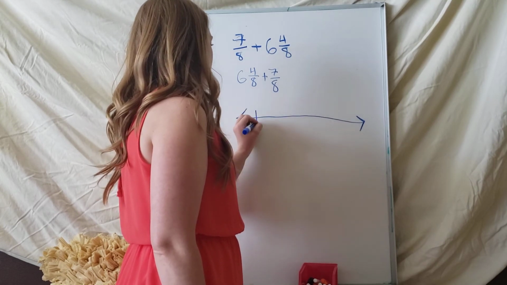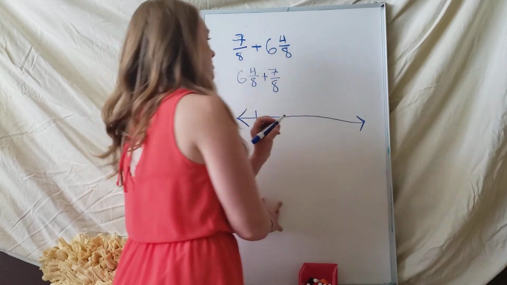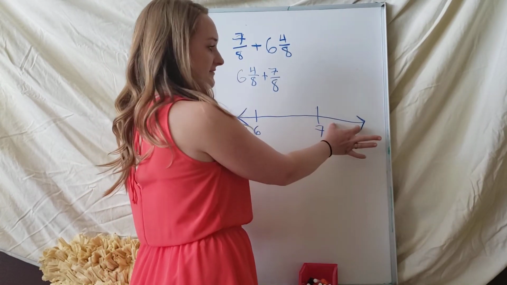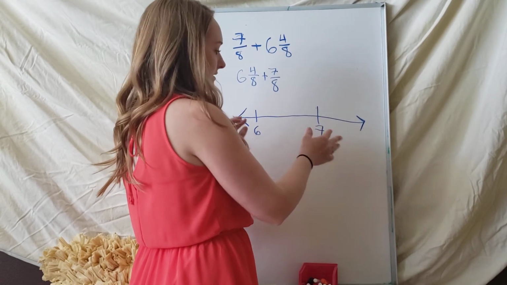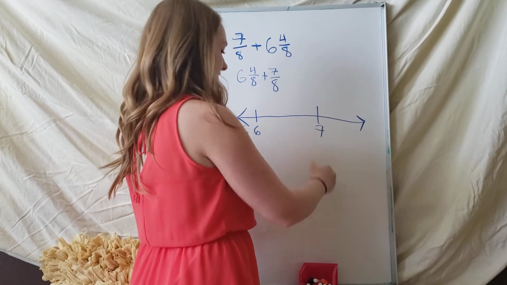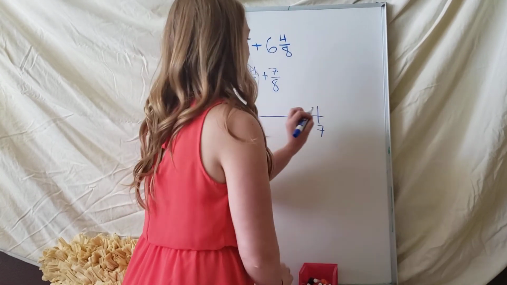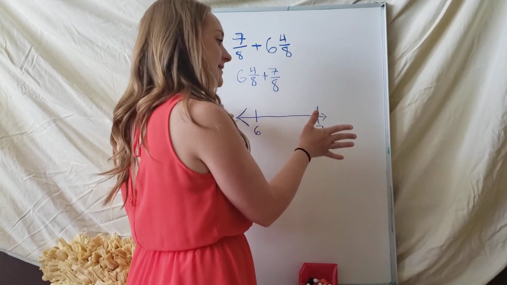So I'm going to start my number line at 6, and I'm going to go to 7. Notice how I left a little bit of space here on my number line, because if I stopped it right at 7, well, let's try it and we'll see what happens. Let's stop it at 7. But it goes in both directions forever, so it doesn't really stop.